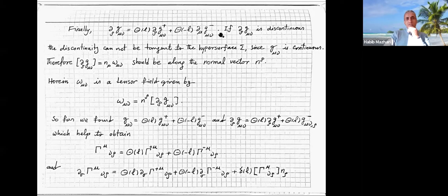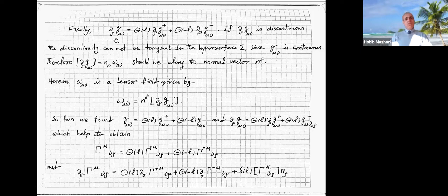Okay, after we eliminated that delta L term, the derivative of G mu nu with respect to rho became, as you see here. But this expression doesn't tell us whether the derivative of G mu nu is continuous or not. Actually, we have no idea whether it is, but suppose it is not.